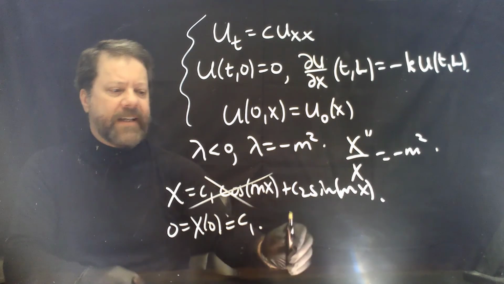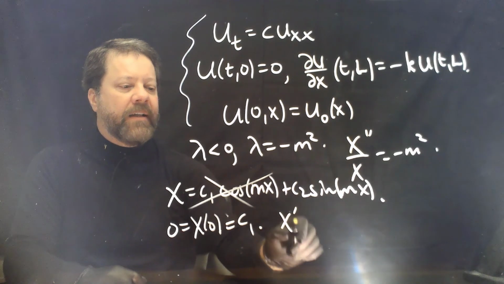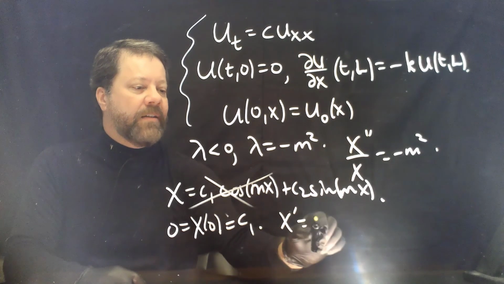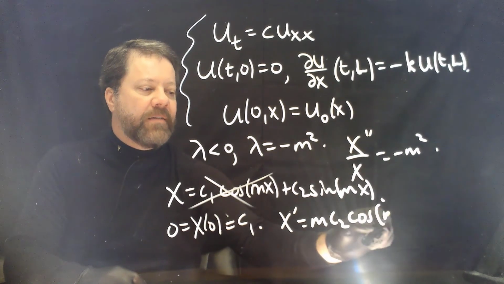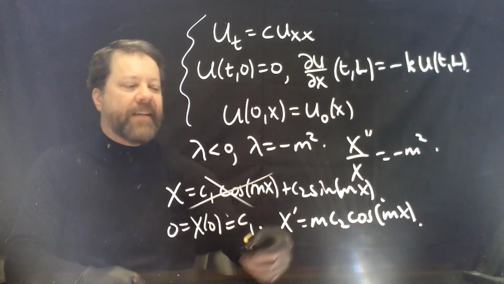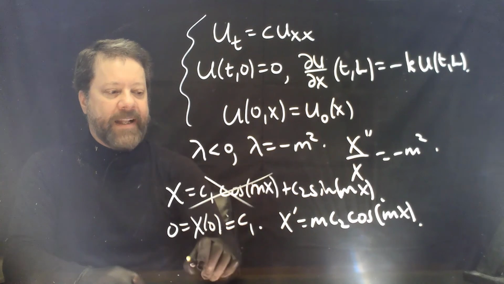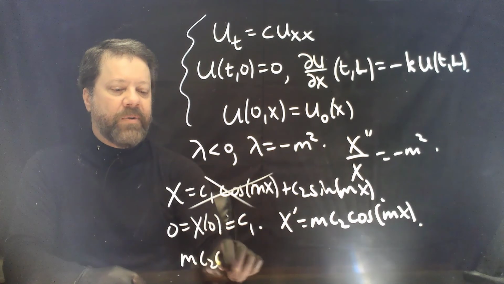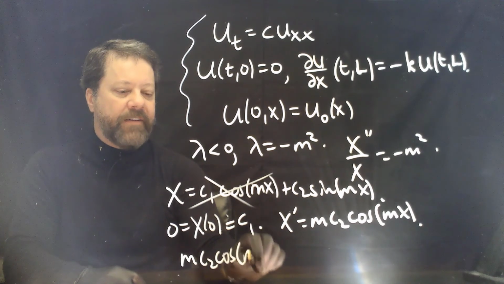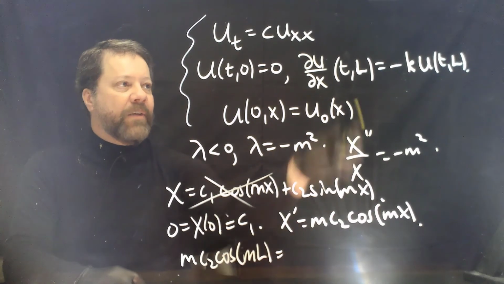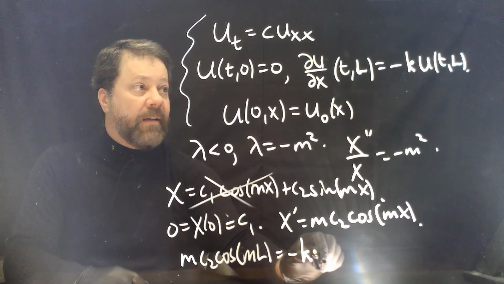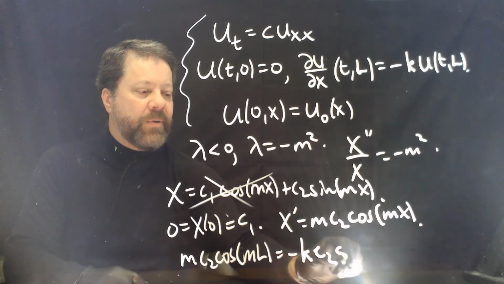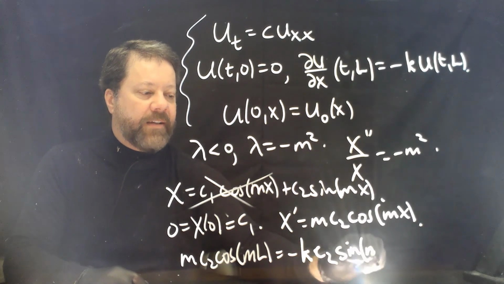To satisfy the next boundary condition, x prime is going to be m c2 cosine of mx. Evaluating that at L, we get m c2 cosine of ml equals minus k, and then c2 sine of ml.